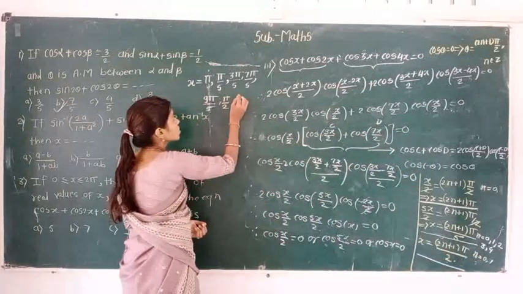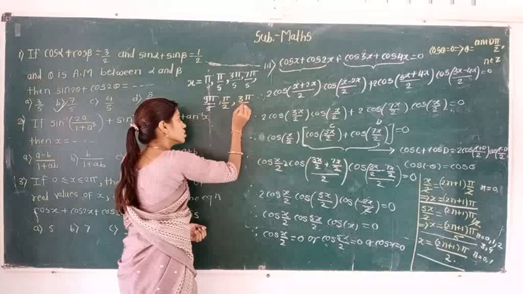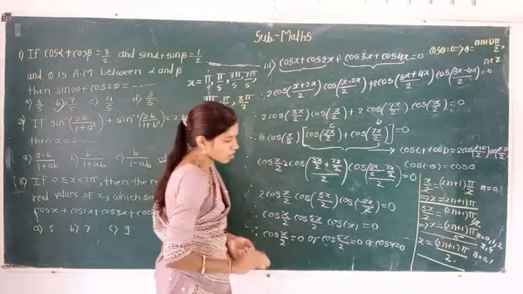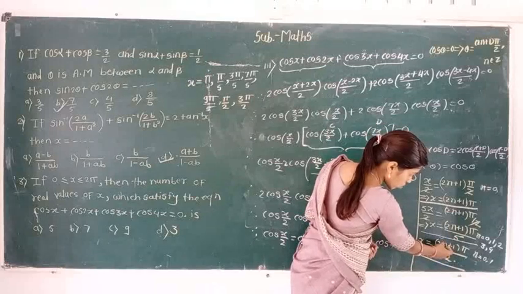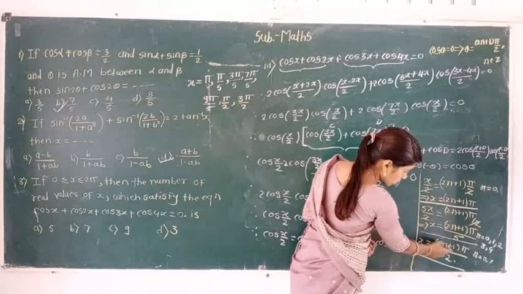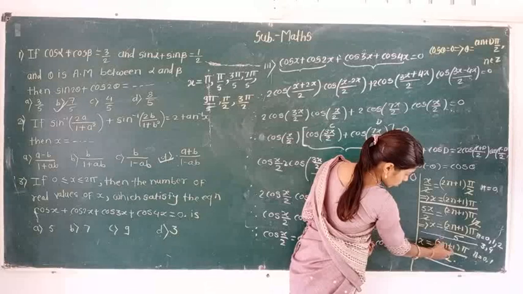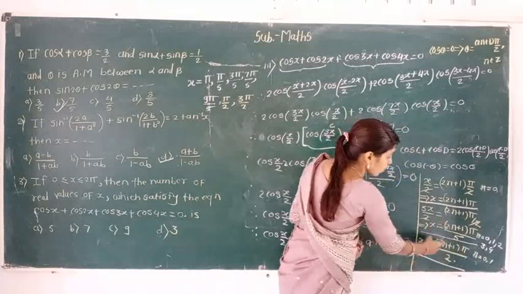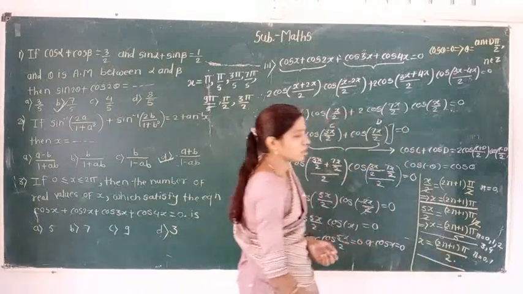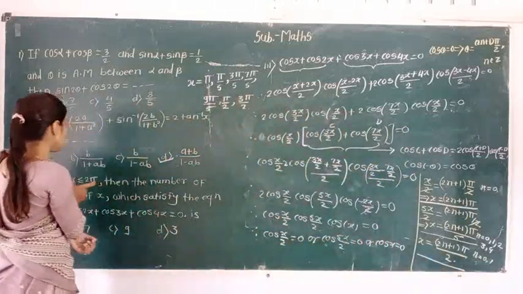So write down here 3π/2, and this value is included in the given restriction. Now put n = 2: 2 into 2 we get 4, and 4 plus 1 is 5. But 5π/2 is not included in this span.